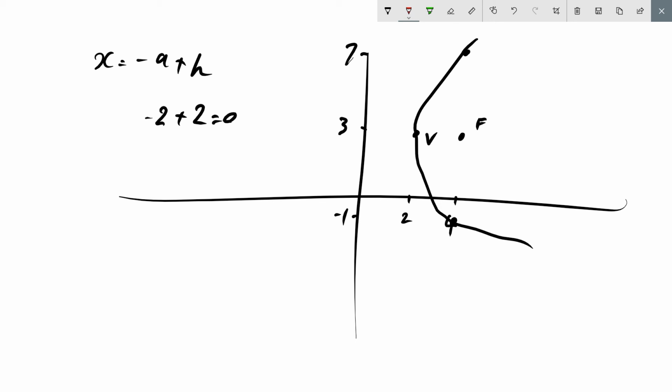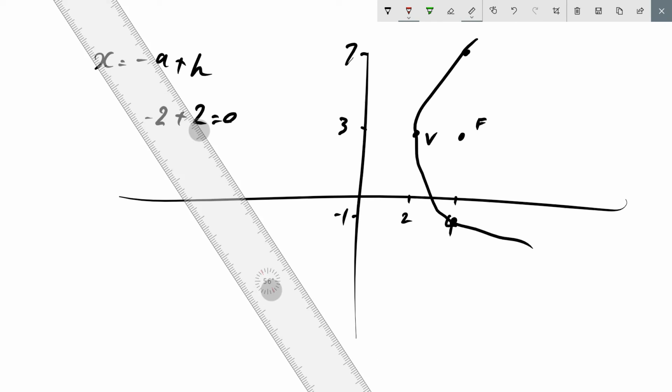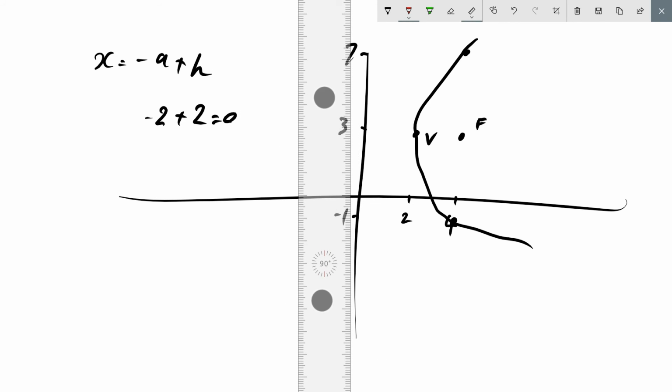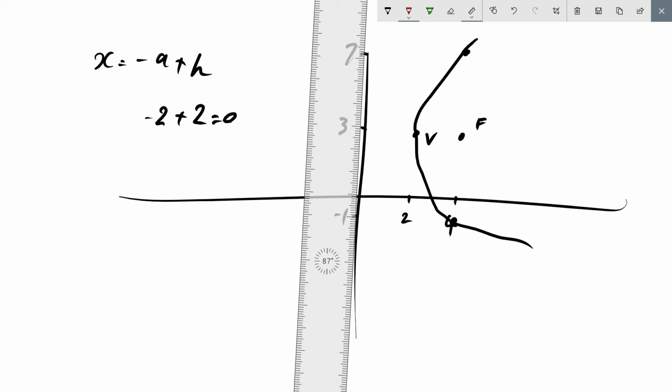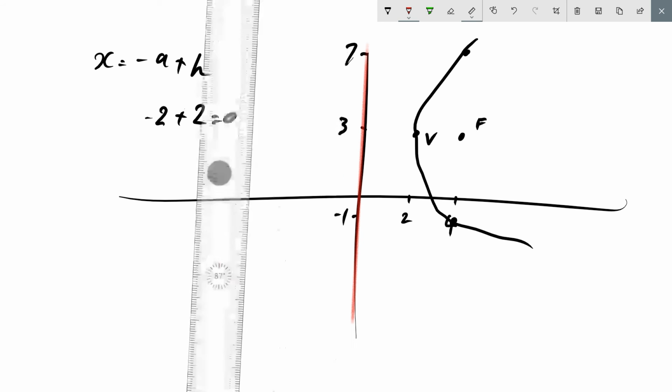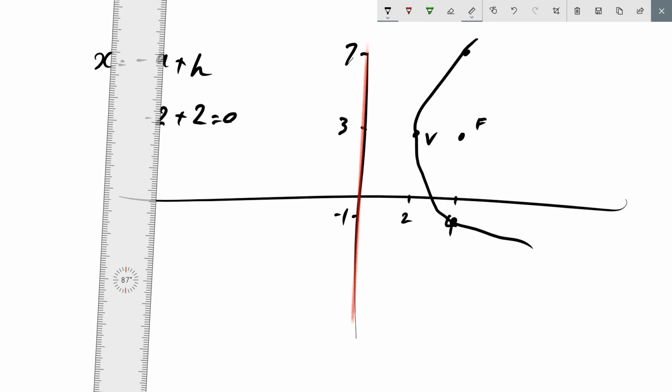So right on that y-axis, we're going to have to draw our directrix. There's our directrix there. Remembering to label, this is y minus 3 squared equals 8 lots of x minus 2, and put x equals 0 there as well.